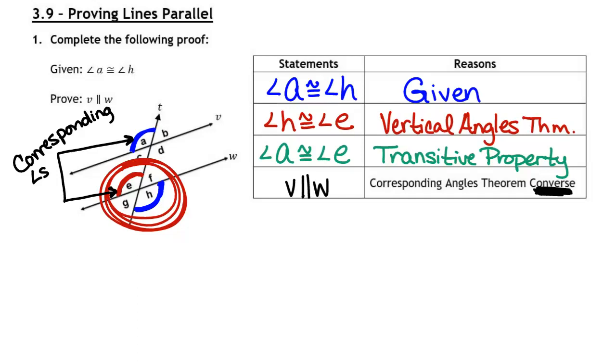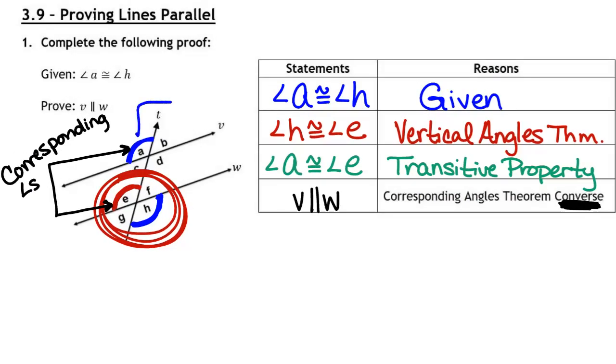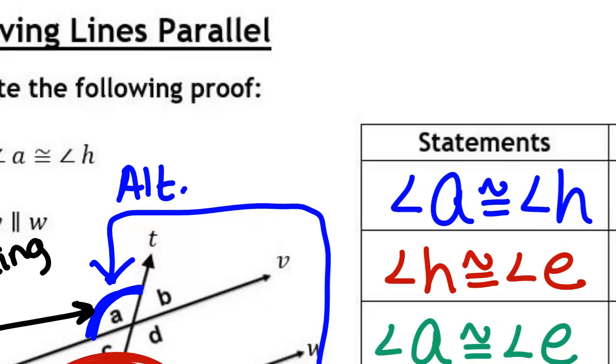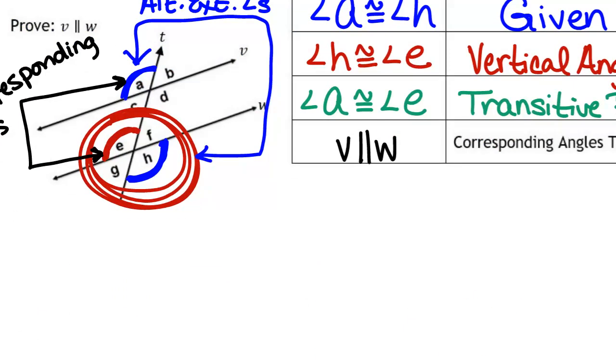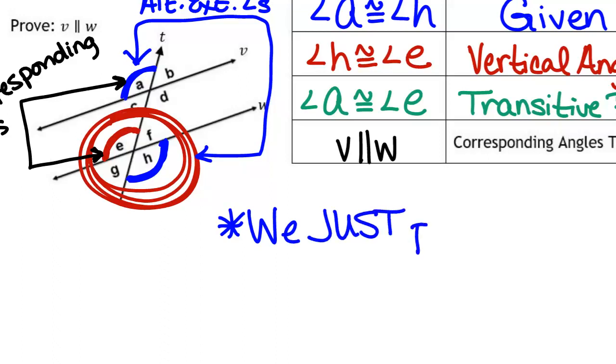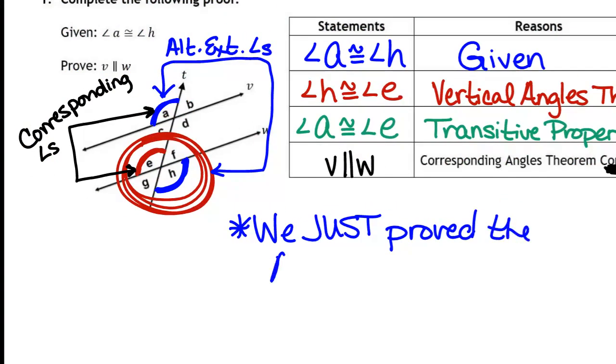All right, let's flip over to page 6. Actually, hold on. Before we flip over, I want you to look at the original two angles they gave us, A and H. What's the name for this type of angle pair? Those are alternate exterior angles. So we just proved the alternate exterior angles converse.